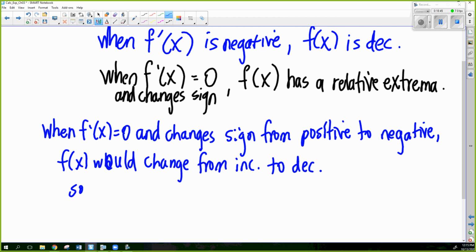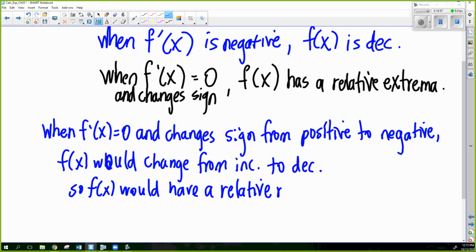So f of x would have, and we're going to be more specific, a relative maximum. Of course, you could say max for short. So when do you think you'd have a minimum? When it's changing from negative to positive.